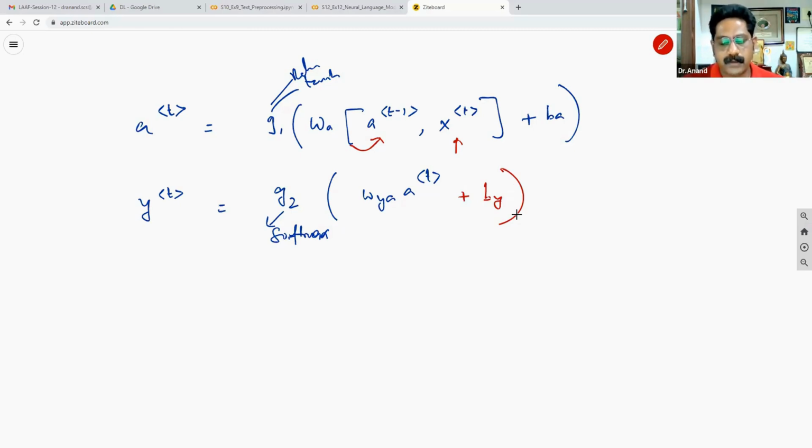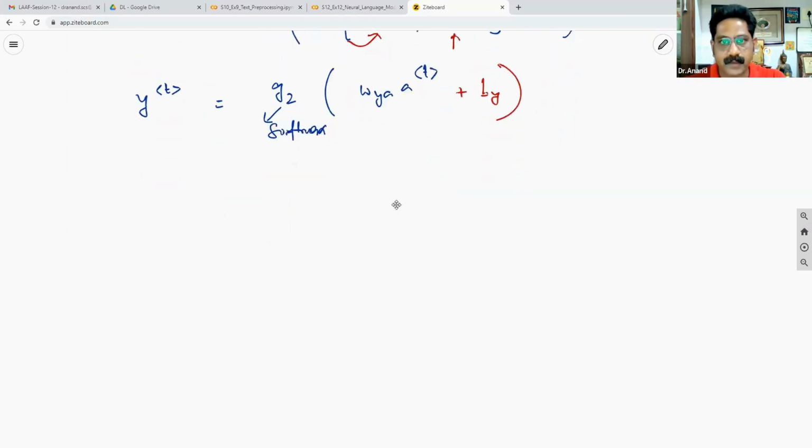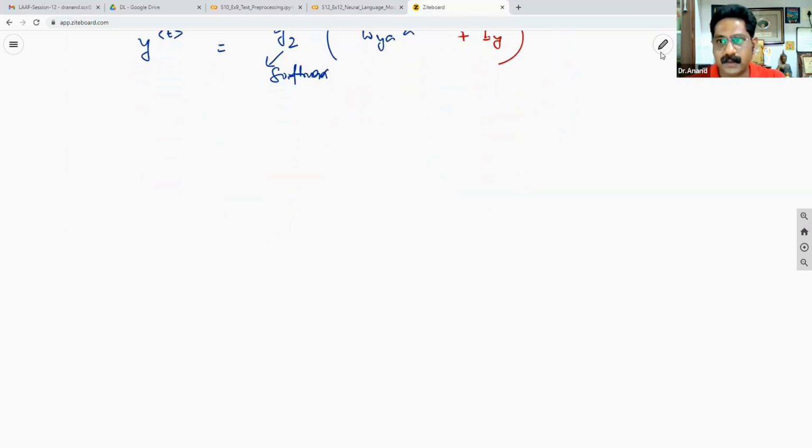We have one very nice, interesting way of modifying this equation, proposed in GRU. So I'm going to use a different notation, just to highlight that this is the equation for the gated recurrent unit.